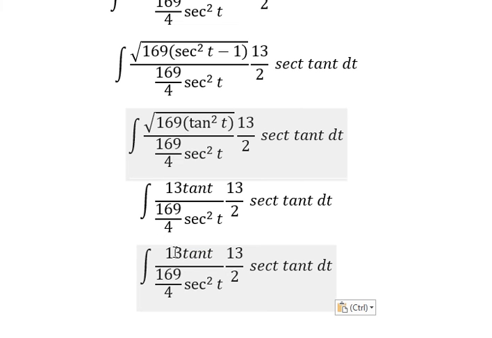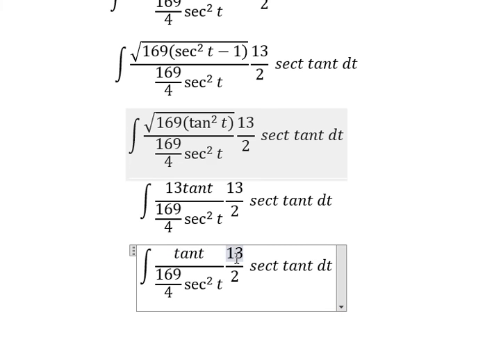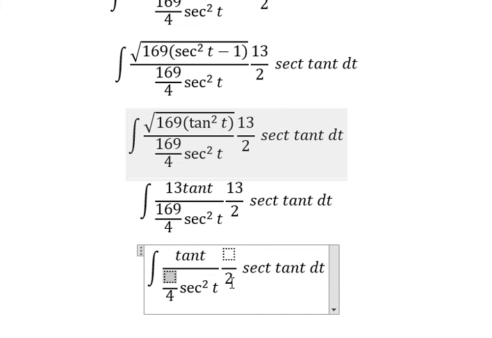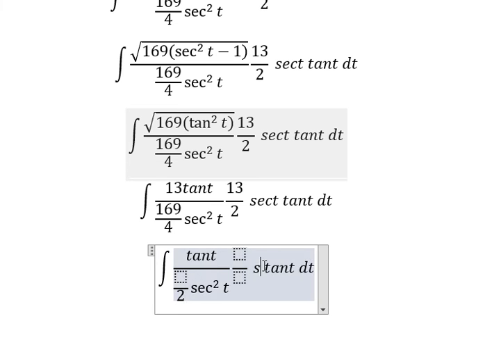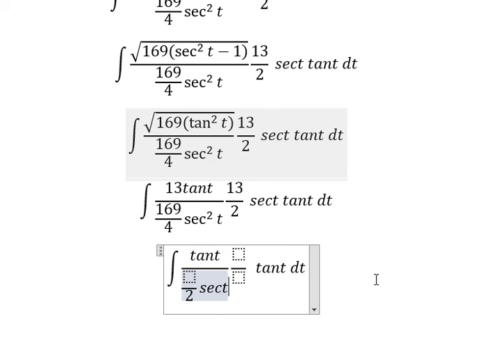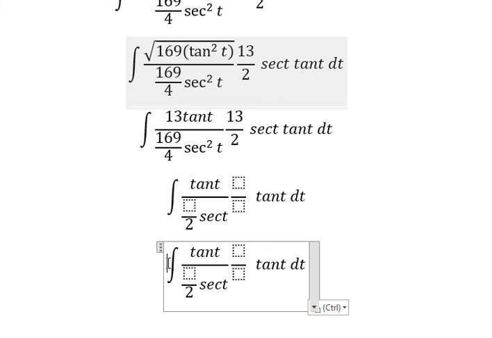Now we need to simplify 13, 169, they cancel. Number 2 and number 4, they cancel by number 2. Secant of t, they cancel. And now, in this situation, we put number 2 in here.